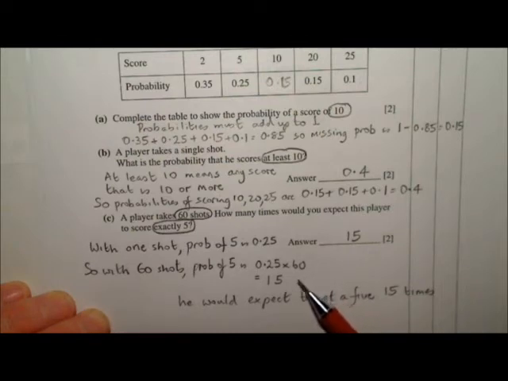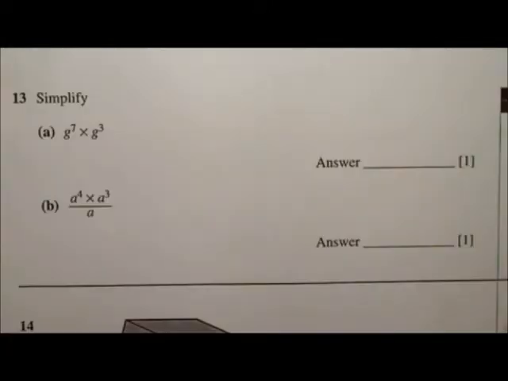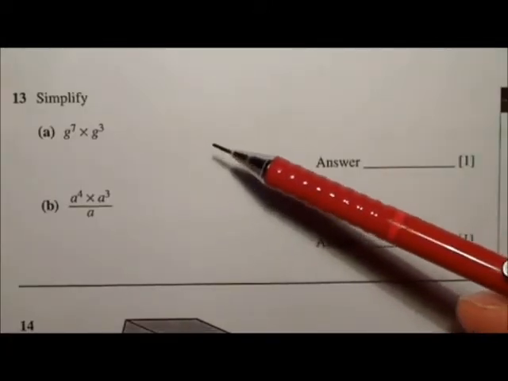You can use your calculator for that, and the answer is 15. So you would expect then to get a 5 15 times. So 15 times out of his 60 shots, you would expect to get a 5, and that makes sense because 15 out of 60 is a quarter, or 0.25 rather.